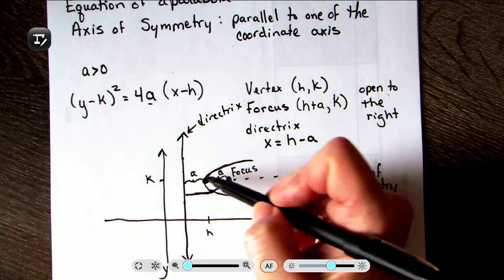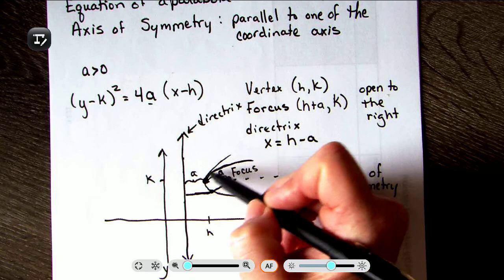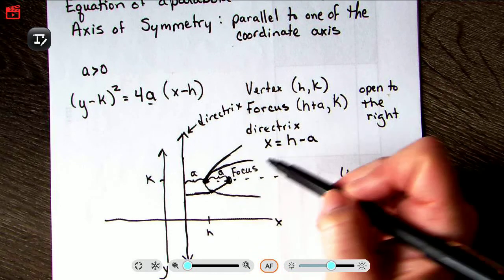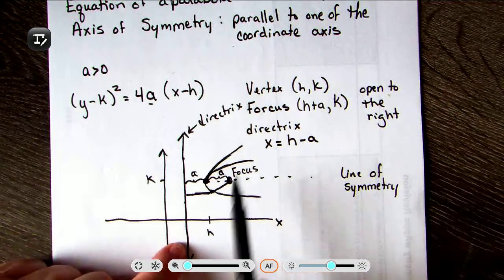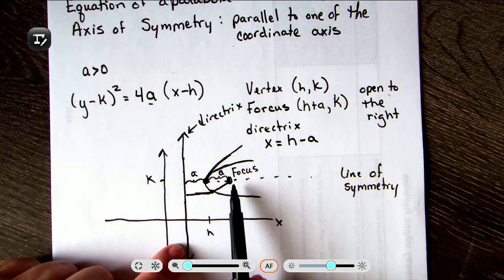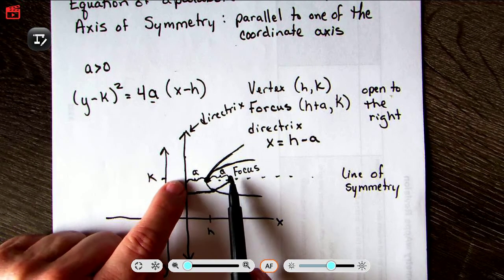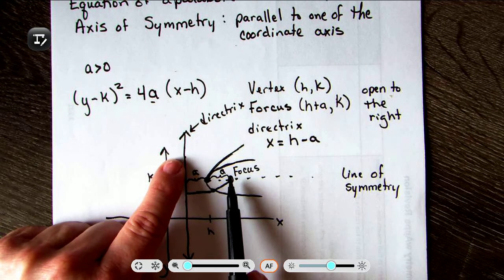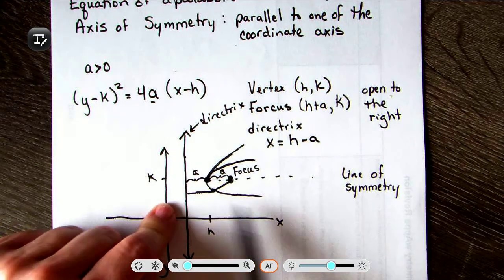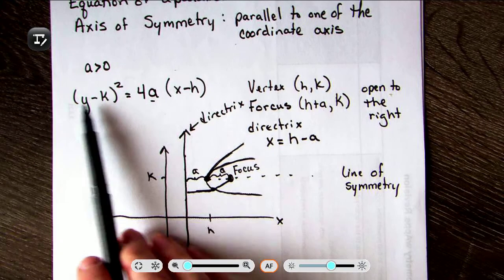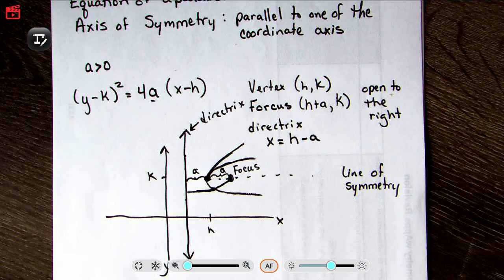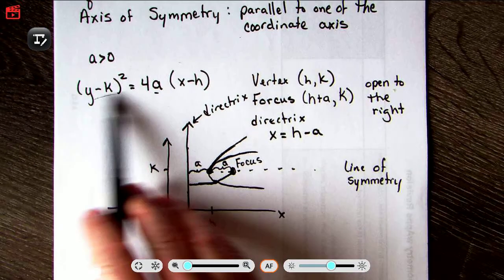And that's what creates this parabola. So you can put a line and find another point, and all the points that are equal distance from the line and that point will create a parabola. It also will have this shape or this form of your equation.